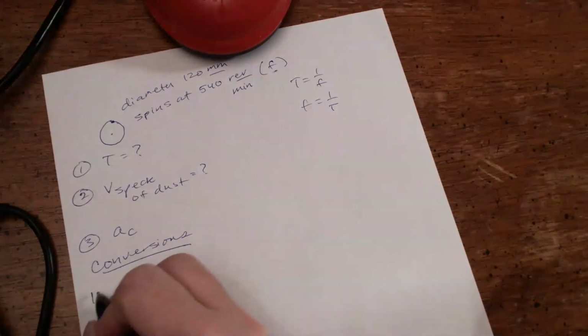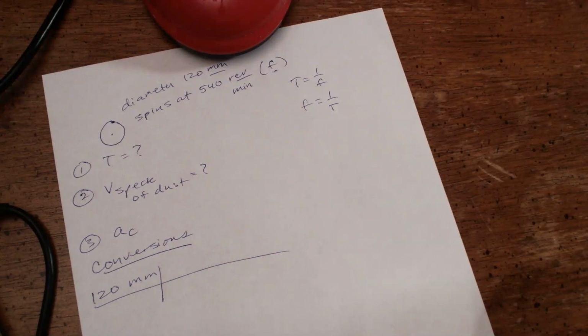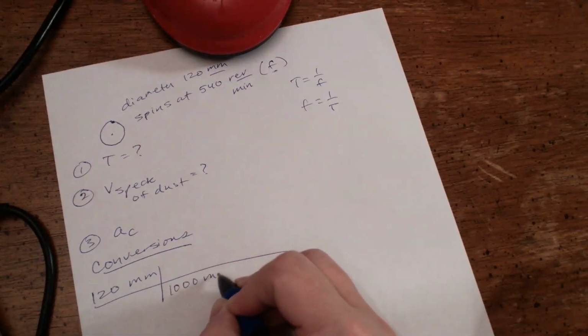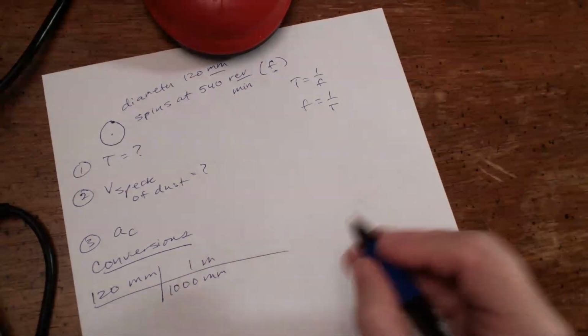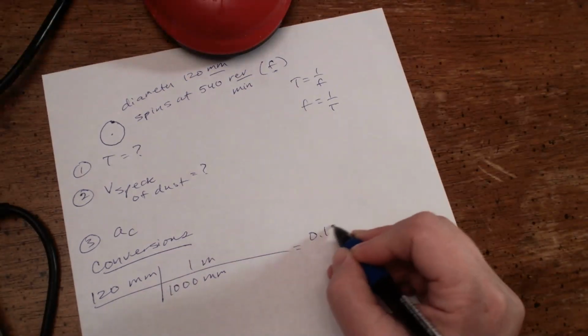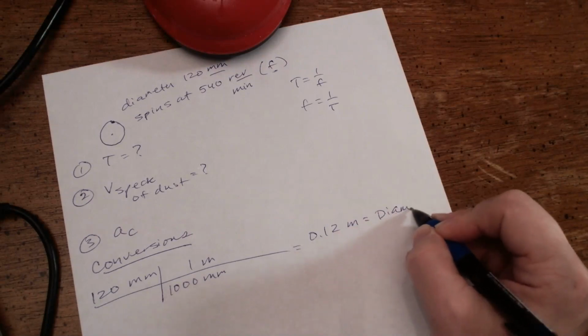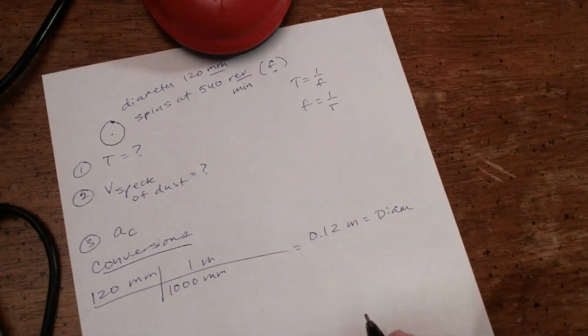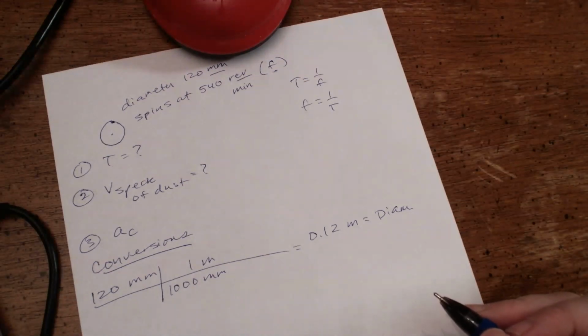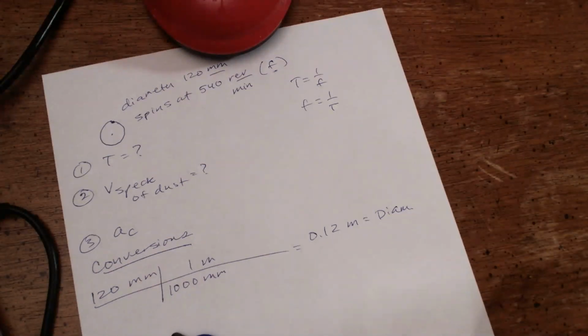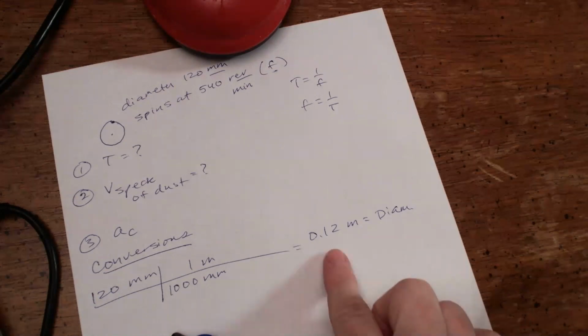So the first thing we'll do is convert our diameter from millimeters to meters. So there's 1,000 millimeters in 1 meter. That's going to give me 0.12 meters. That's my diameter. And with circular motion, we really want to deal with radius because that's what's included in our equations. So we're going to divide that in half.